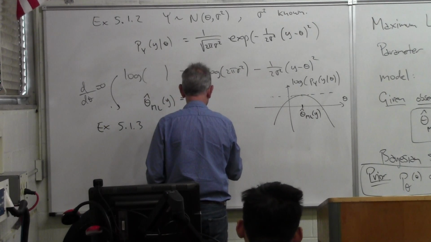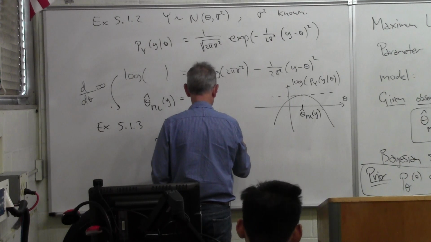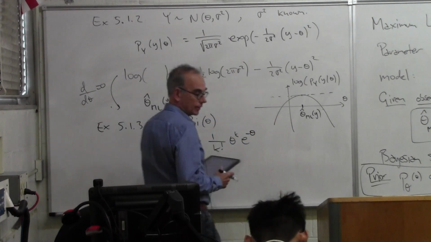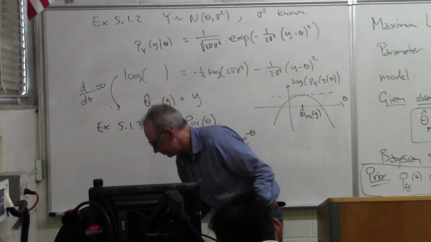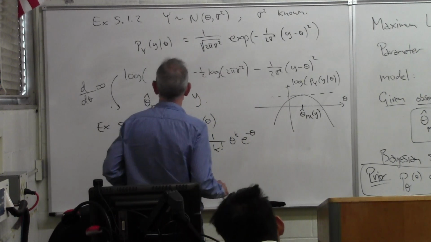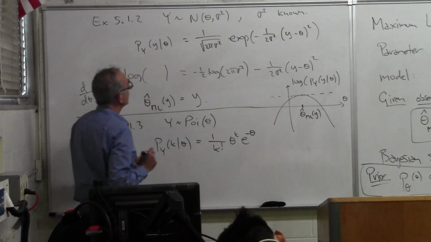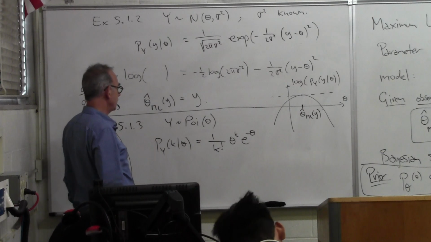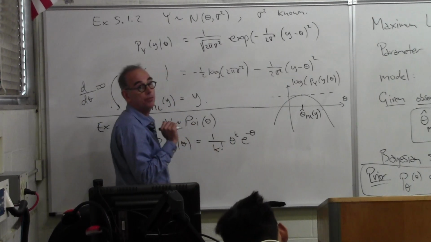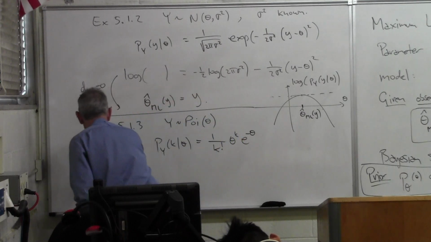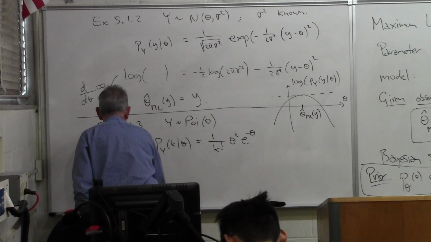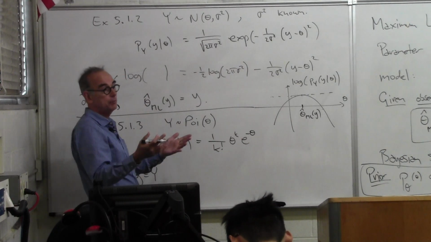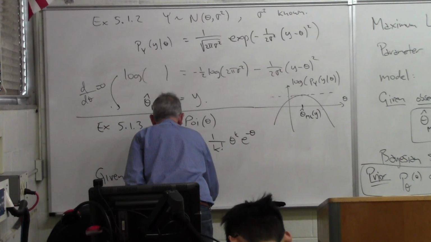It's 1 over... Okay, so here we had a nice density, and now we have a discrete random variable. It doesn't make any difference. It's just the fact that we have a family of models parameterized by theta, and given an observation y equals y, so we saw an observation from nature, we want to compute theta hat ml.